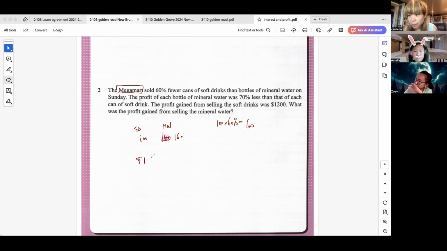Still Amelia. So if I can make $1 by selling 1 can of soft drinks, how much can I make selling mineral water?